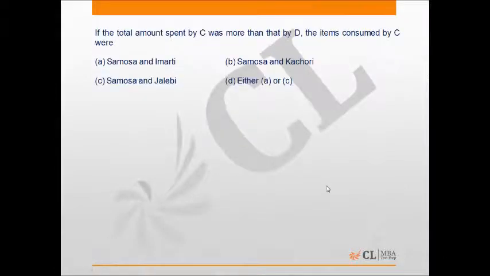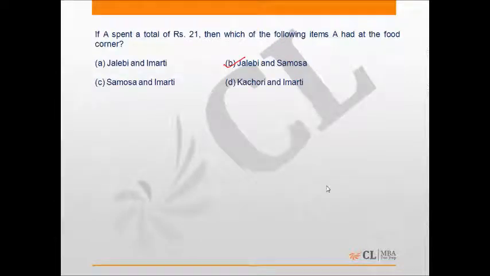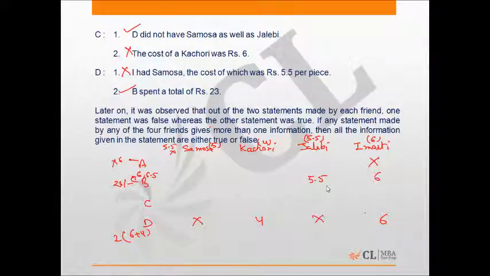Next is if the total amount spent by C was more than that of D, but less than B, so that I know that D has spent 20 rupees. So if C is more than 20 rupees and less than 23, it could have spent 21 or 22.